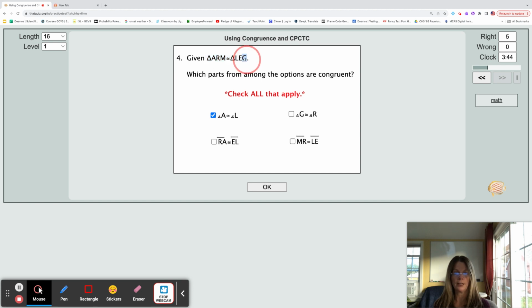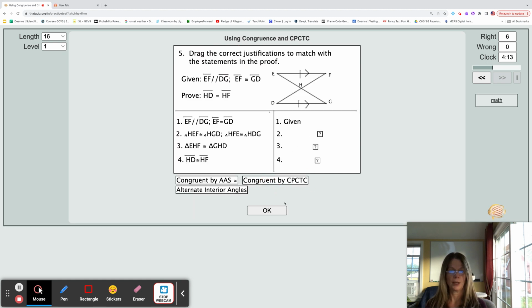G is the third letter, R is the middle letter. They are not necessarily congruent. Side RA, first two letters up here, and EL, first two letters, they're corresponding. Those sides are congruent. MR and LE are not corresponding. MR are the last two letters, LE are the first two. Don't select that. And let's hit OK.